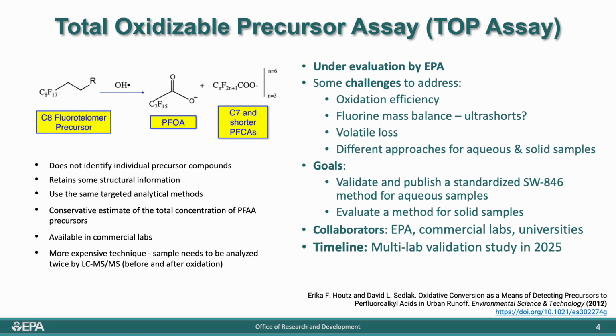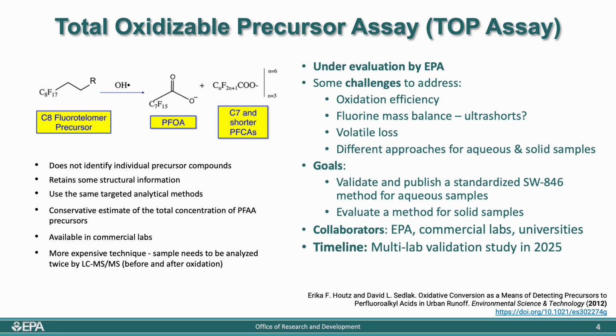So the goal with this method is to publish a water method. It's probably going to be non-potable waters like groundwater, surface water, wastewater effluent. We can add that in. And then we will evaluate whether we can do a solids method, so a soil sediment type method, especially useful for AFFF contaminated soils.